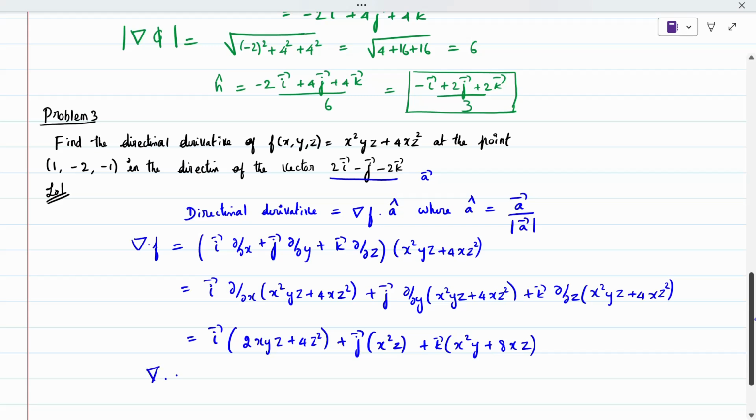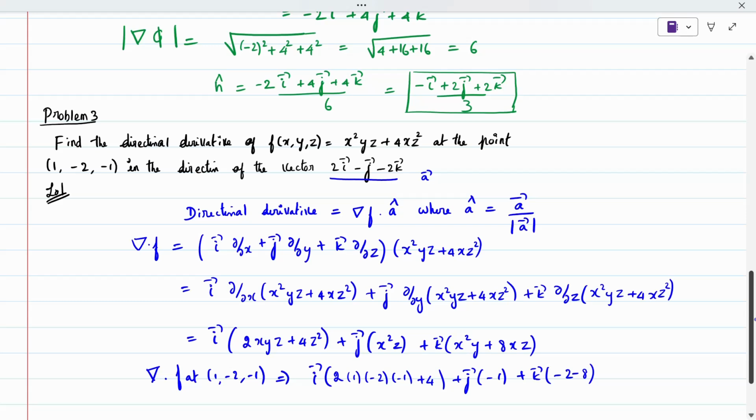Del f at 1, minus 2, minus 1: i vector, 2 times 1 times minus 2 times minus 1 plus 4 z squared, so 4 only, plus j vector, x squared z, so minus 1, plus k vector, x squared y is minus 2 plus 8 x z, so minus 8.